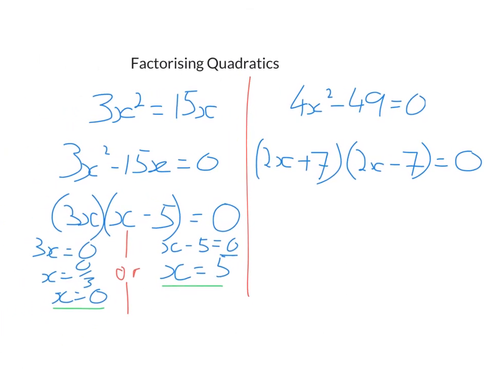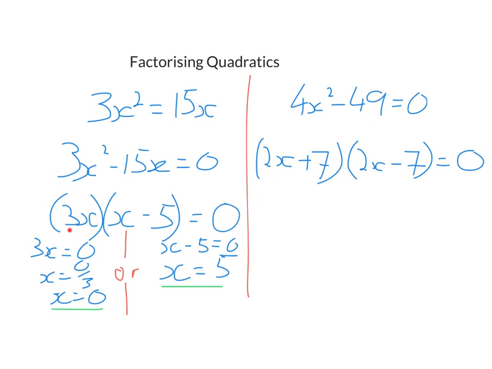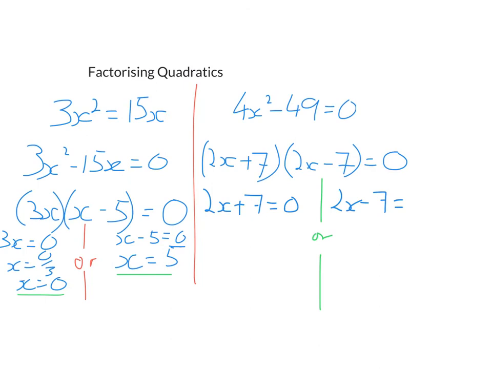Now if you look back to our previous example, when we got to the point of having two brackets, all we have to do is let each bracket equal 0. So we'll do that now, and again, we'll get two possible solutions. We can say 2x plus 7 equals 0, or we can also say 2x minus 7 is equal to 0.